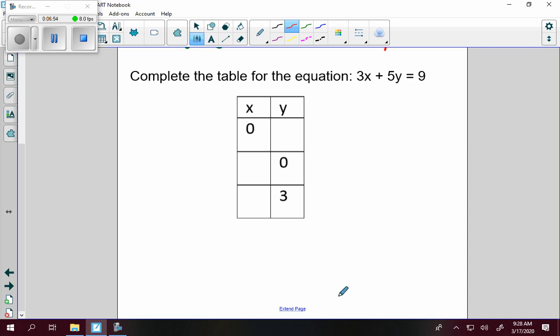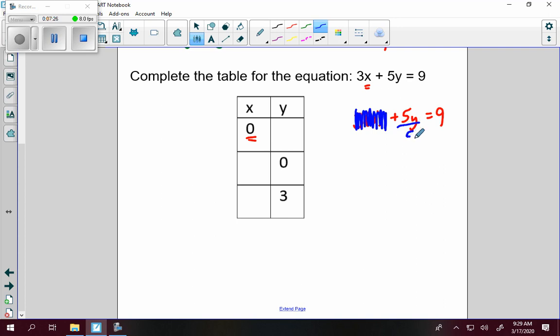Here, we complete the table for the equation 3x plus 5y equals 9. The table gives you values for x's, and it gives you values for y's. So if it gives you a value for x, you're going to substitute that variable in for the x and solve for y. This is pretty cool because if we have 3 times 0 plus 5y equals 9, anything times 0 is 0, so I'm just going to cover this up, not count it at all, and I just have 5y equals 9.